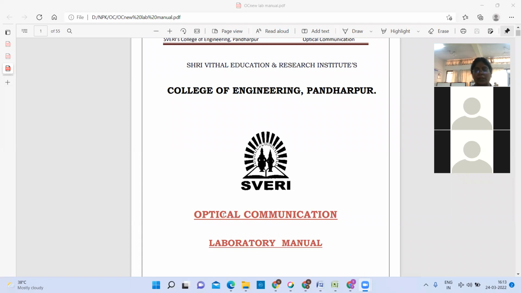So this is the lab manual of optical communication. Now the screen is visible. Must be visible. No, I am able to see this. See, it is coming as your screen sharing. You just check whether my screen is visible, students. Sanjana, Jnaneshwari, Priyanka. I will stop sharing. Once again, I will share.